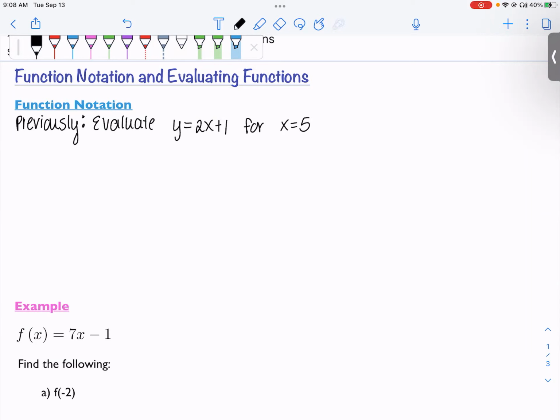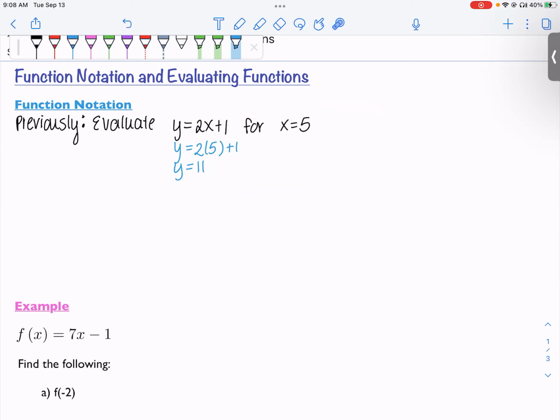Then we would take 5 and plug it in for x: y equals 2 times 5 plus 1, and we'd get y equals 11. That's what we've done before.